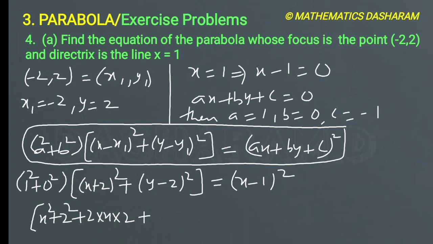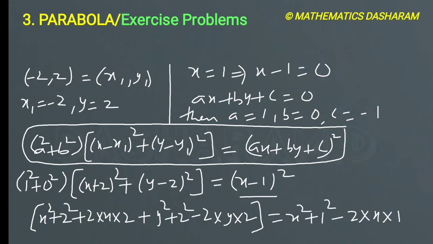Here a minus b whole square formula, y² + 2² - 2 times y times 2, and once again a minus b whole square formula. So x² + 2², 2 squared is 4, 4 plus 4 is 8. Next, 2 times 2 is 4x, next y², next 2 times 2, here -4y.